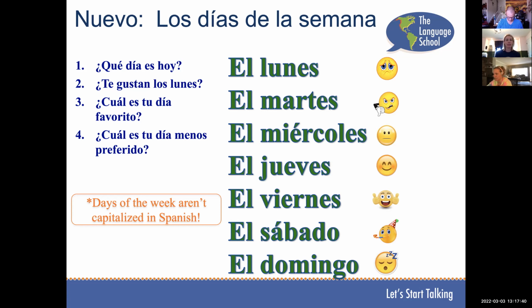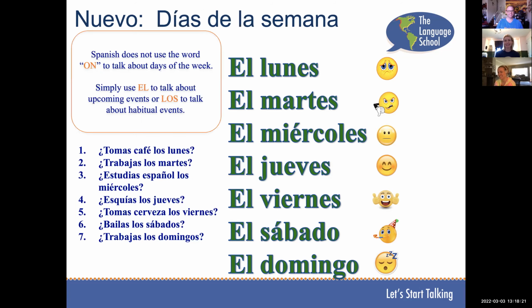Mi día favorito es viernes. ¿Cuál es tu día menos preferido? Mi día menos preferido es martes. I hate Tuesdays. It's the worst.